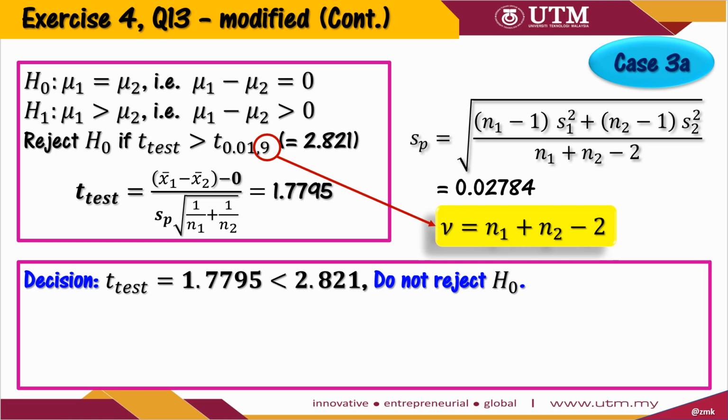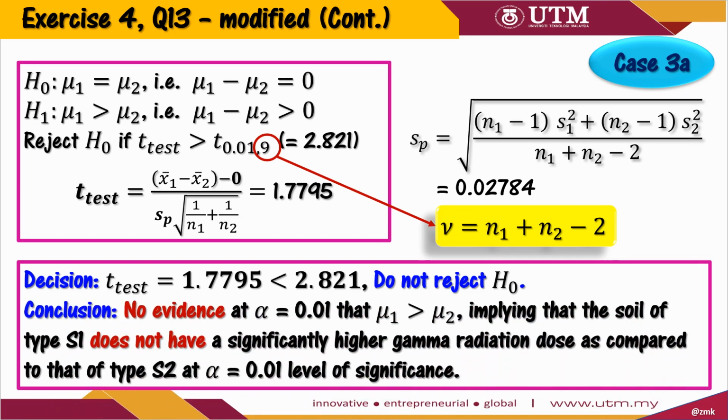Hence, we decide not to reject H0 and conclude that there is no strong evidence at the 1% level of significance, or alpha equal to 0.01, that mu1 is significantly greater or higher than mu2, which implies that the soil of type S1 does not have a significantly higher gamma radiation dose as compared to that of type S2 at the 0.01 level of significance.